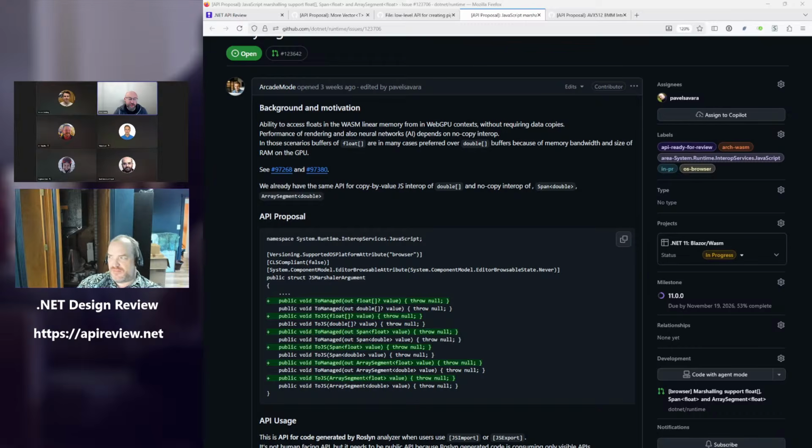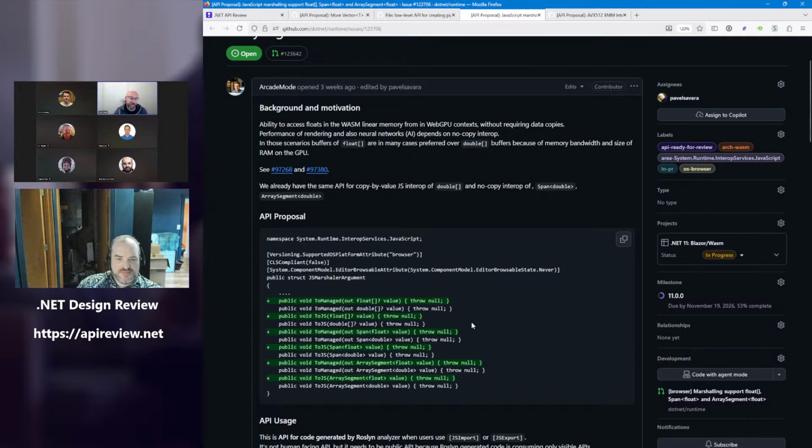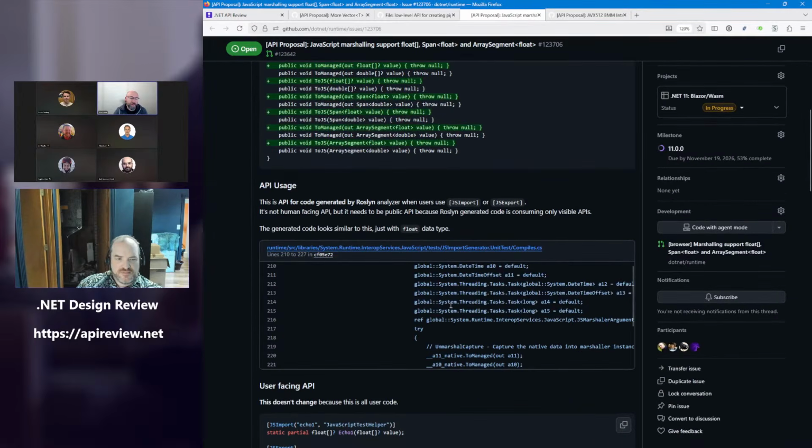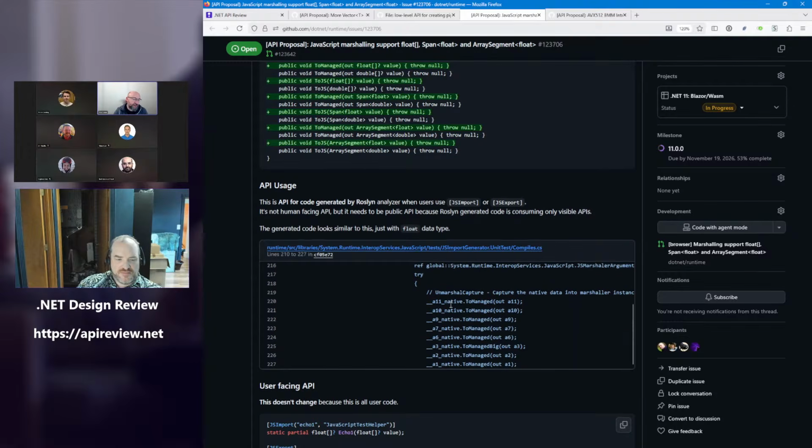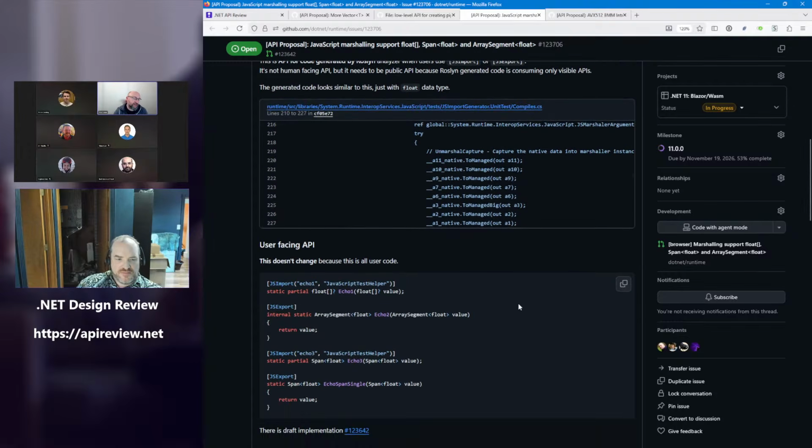The usage is in configuring JS import and JS export attributes so that they generate the code that uses those APIs using the Roslyn code generator. And so those user-facing APIs, if you scroll a little bit down, don't need to change because they will work as they are.